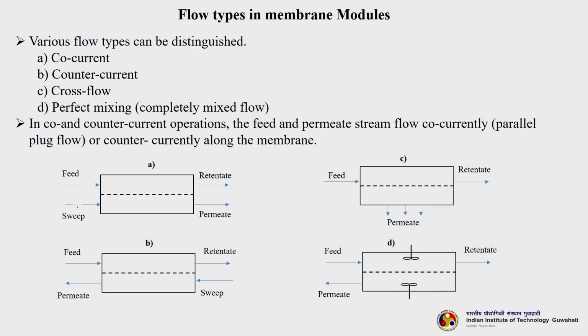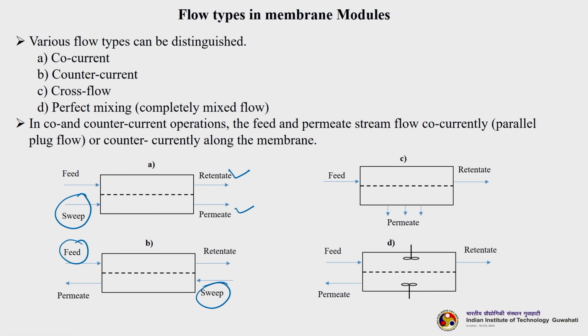So, the first case is co-current flow. Here you can see feed is entering from one direction, and we get retentate and permeate on the same side, and we can have a sweep. Sweep is optional, it is not mandatory. Actually, sweep helps in reducing concentration polarization also. The second is counter current. Here the feed and the sweep are entering in opposite directions.